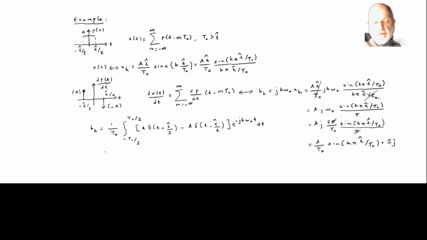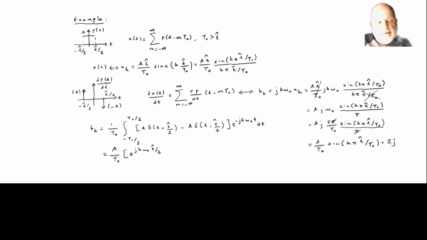Okay, so this turns out to be 1 over t0. Now remember that when we multiply a function by an impulse and integrate, we sample the value of that function at that point. So the term A can be taken outside the integral. So we have e to the jk omega 0 t cap over 2.